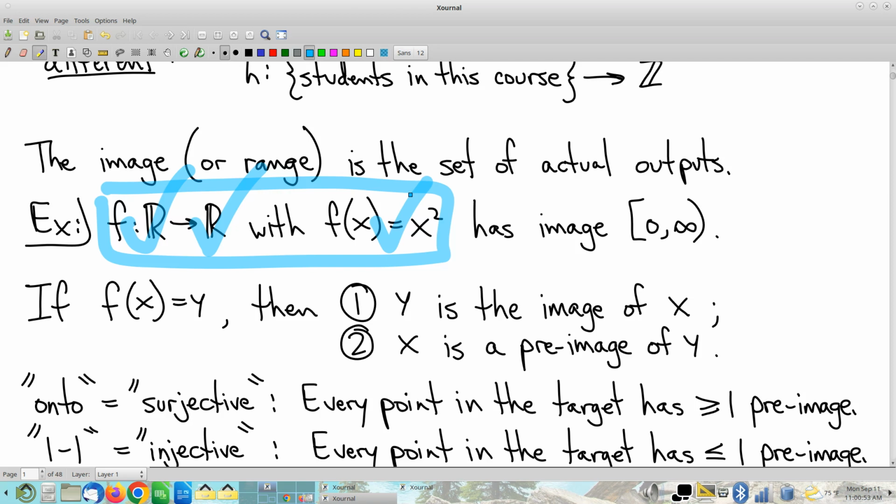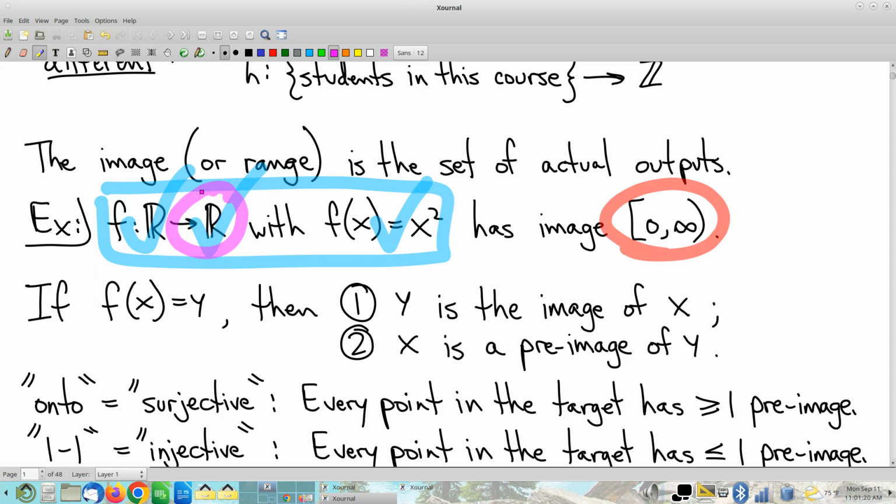Well, it's only the positives and 0, right? So non-negative numbers, non-negative reals are all that actually comes out of here. So the image is this right here, not the same as the target, which is all reals. So that's the distinction.